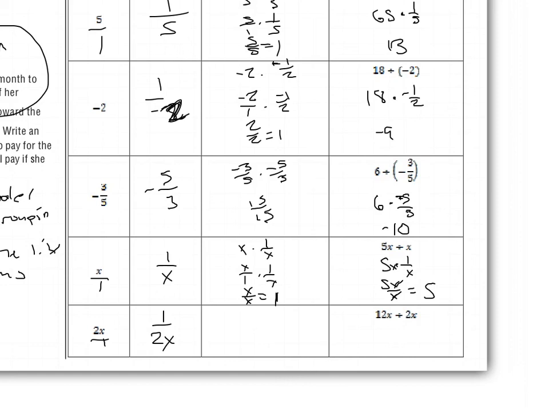So coming over here, our proof is 2x times 1/2x would be the same thing as 2x/2x, which again is going to be equal to 1. So we can rewrite this as 12x times 1/2x. That would give me 12x over 2x. Well, the x divided by x is just 1. Those cancel out. 12 divided by 2 is 6.